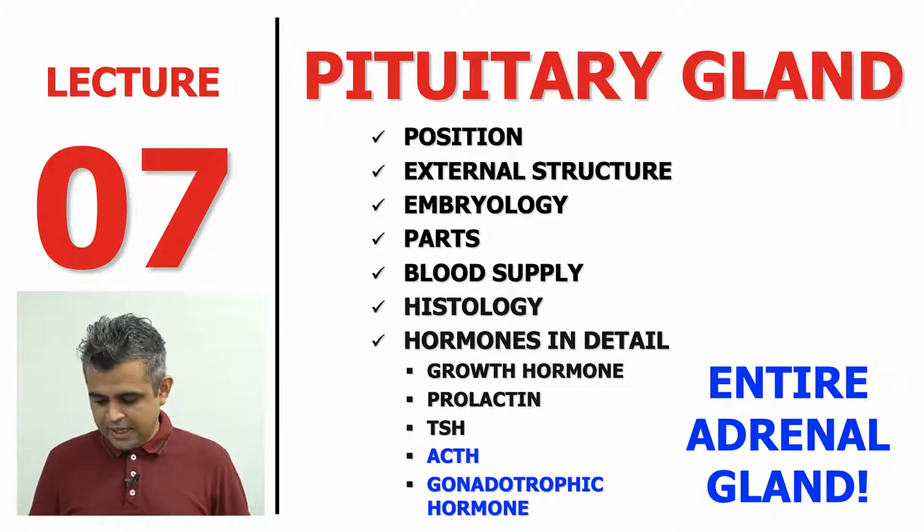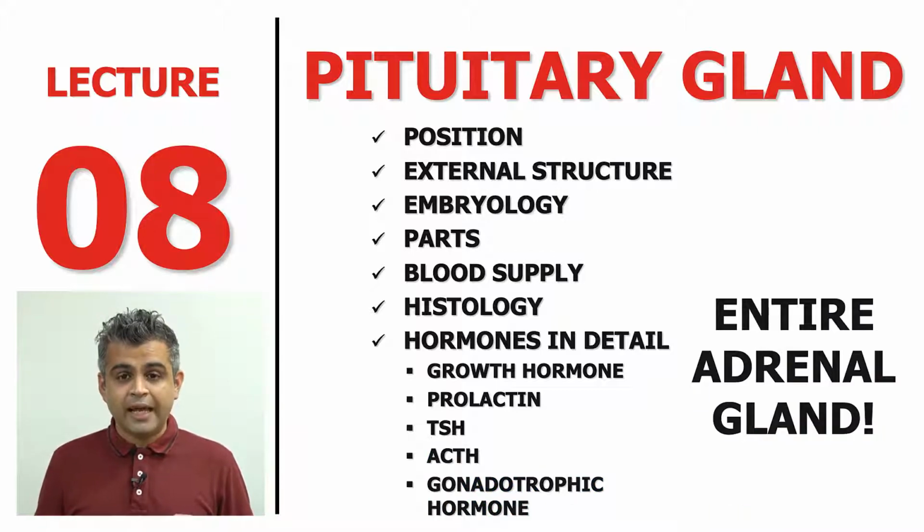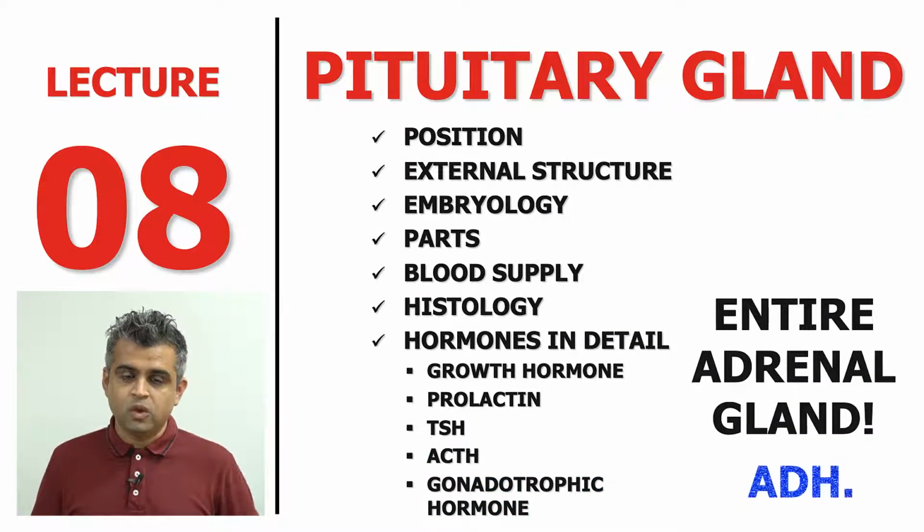In the last lecture, which was lecture number 8, we did a hormone called antidiuretic hormone or ADH. So as far as the pituitary gland is concerned, we are only to finish one more hormone, which is oxytocin, and that will complete our entire understanding of the pituitary gland.